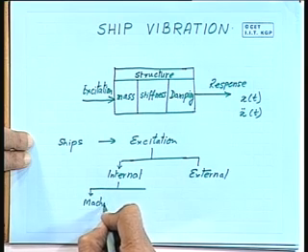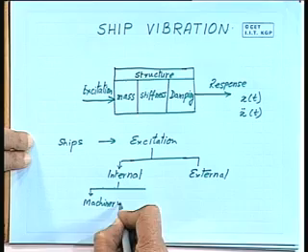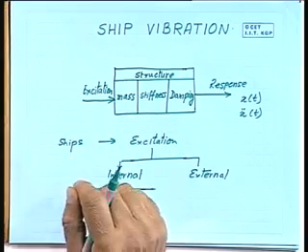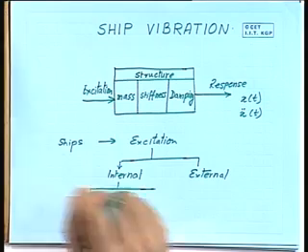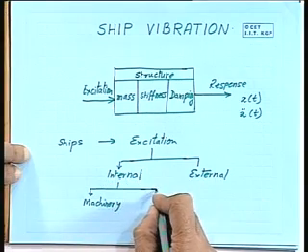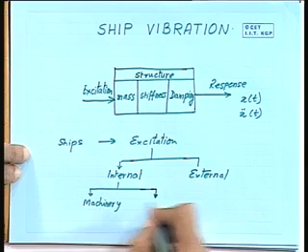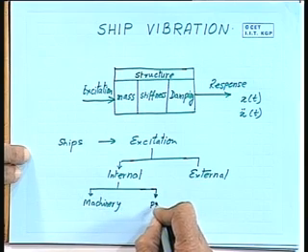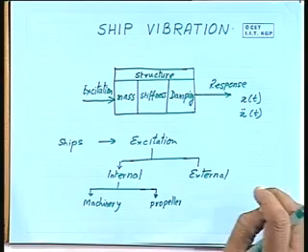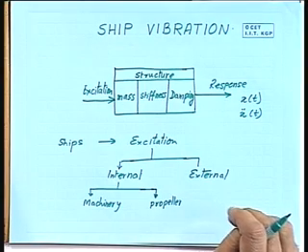Machinery. Machinery includes not only main machinery but auxiliary machinery, pumps, gensets, anything you talk about, anchor chain, and I will put propeller separately, propeller or thruster, etc.